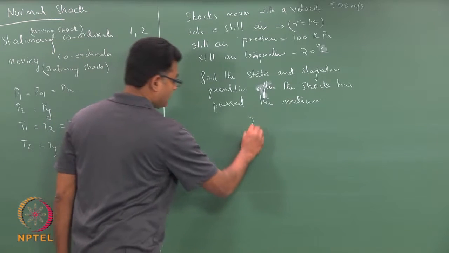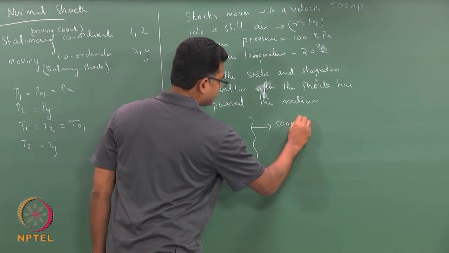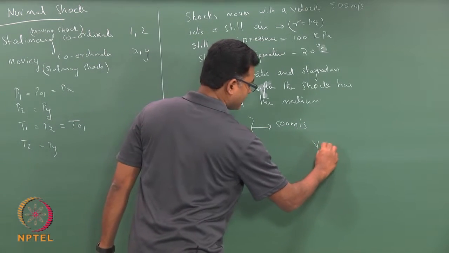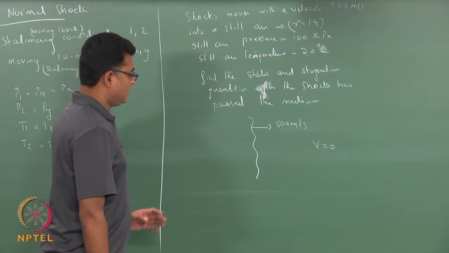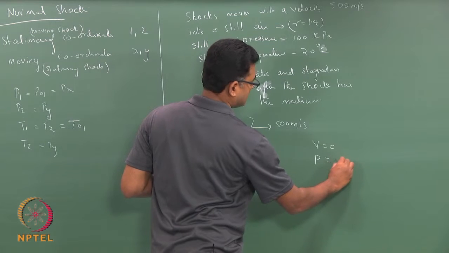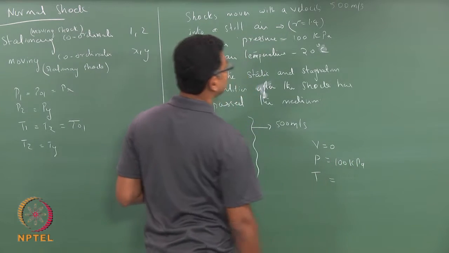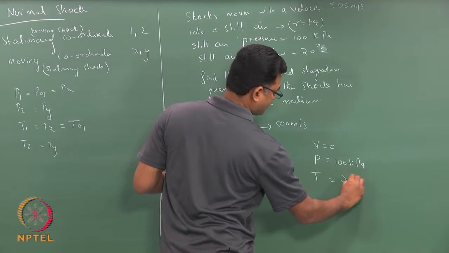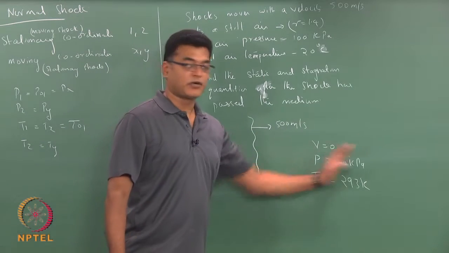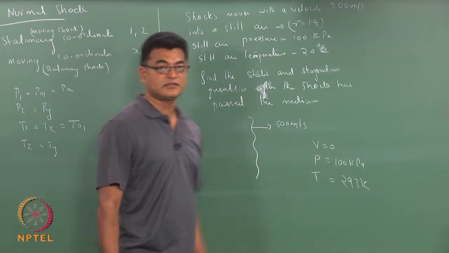So I have a shock that is moving with the velocity 500 meters per second. Okay, it's moving into a still air, and still air property is given. P is 100 kilopascal and temperature is 293 Kelvin. So as it passes, it changes the properties here. So what is the property after the shock has passed?